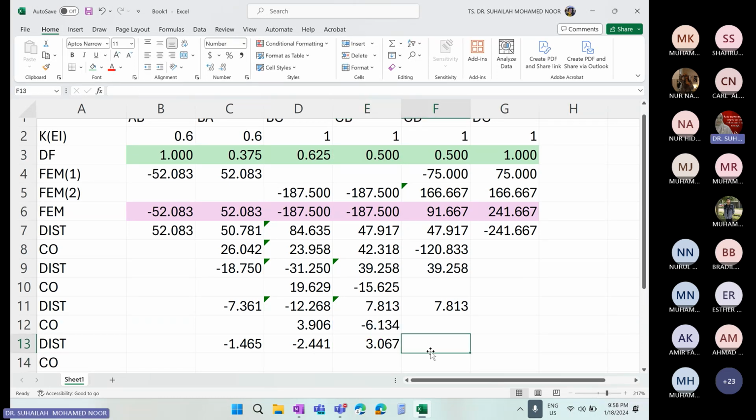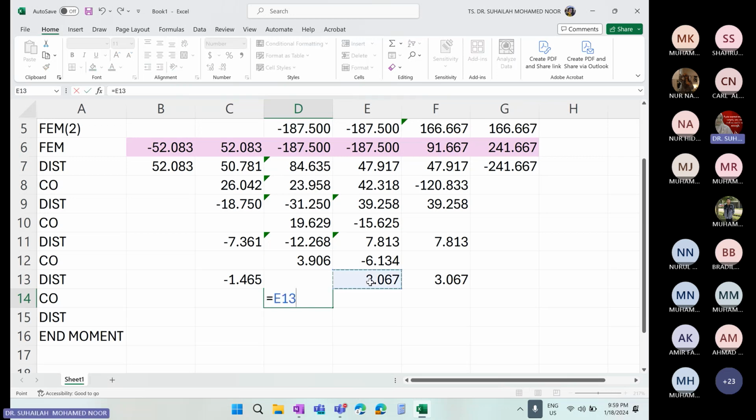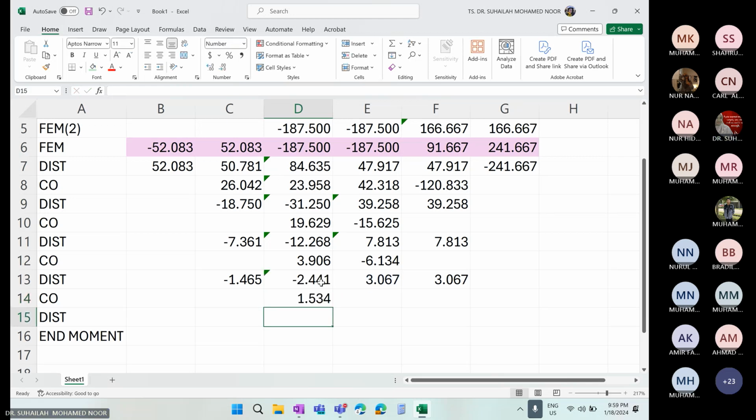This joint moment times with factor. Then carry over. This one from 3.067 divided by 2. And this one from 2, negative 2. Distribution. But for the test tomorrow, after 5 rounds you will already get 0, don't worry. This one has not reached 0 yet, so I use Excel so we can continue. Distribution.